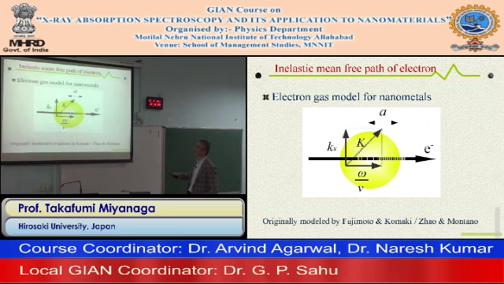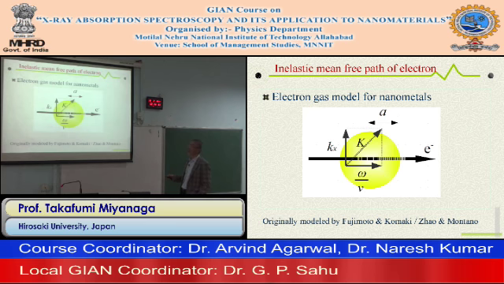The electron gas is modeled, and photoelectrons go through this gas and excite the plasmon mode of the electron gas. Here, a is the particle size, and electrons fill the nanoparticle like a gas. Omega or nu is the plasmon excitation frequency.